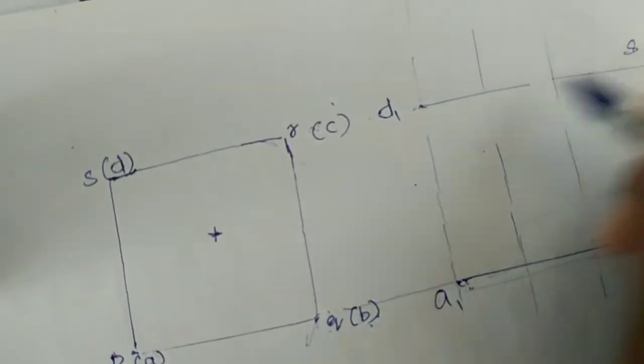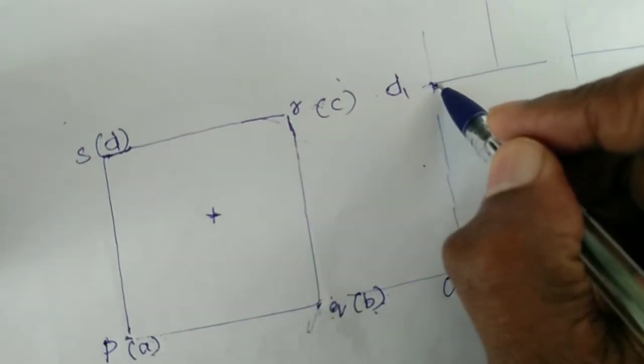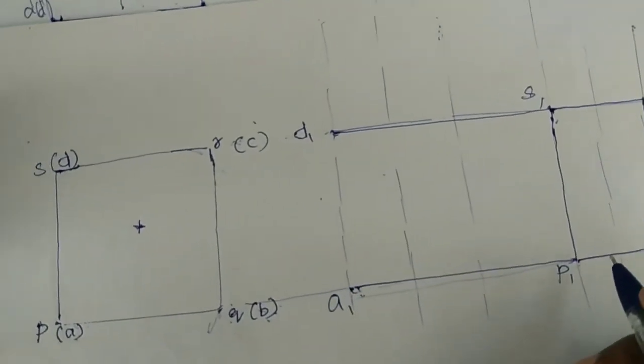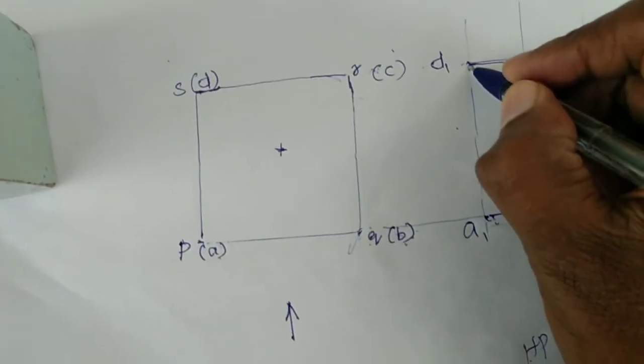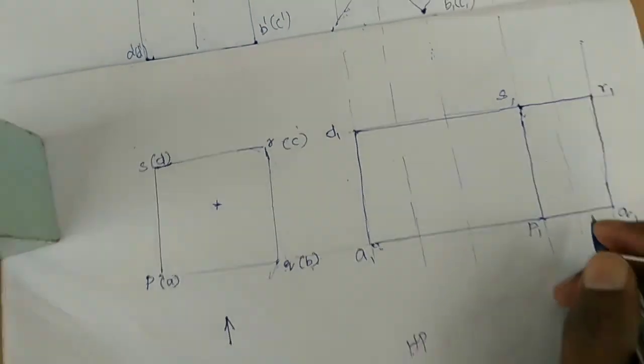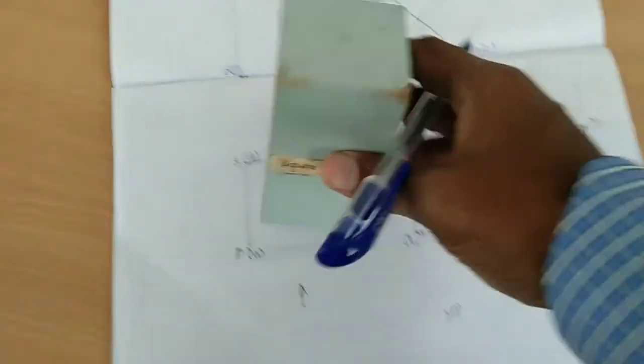In the same procedure on the other side, you join D1 to S1, and the bottom as well.